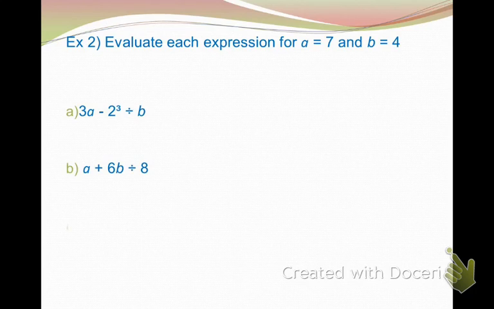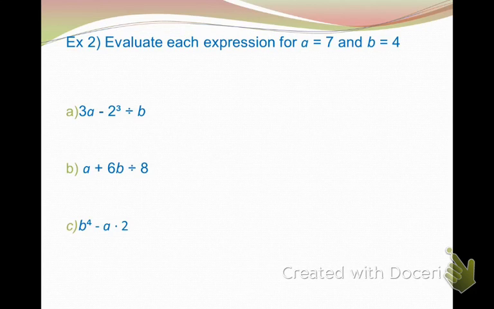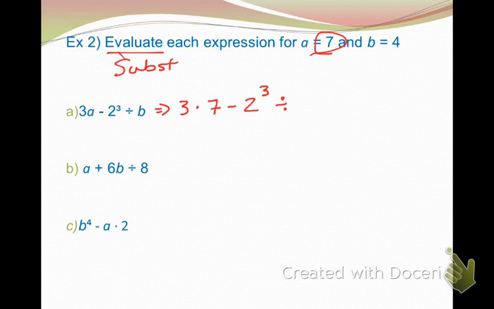All right. Next is evaluate. That means we are going to plug, or substitute, these numbers in for A and B. So it says 3 times A minus 2 cubed divided by 4.